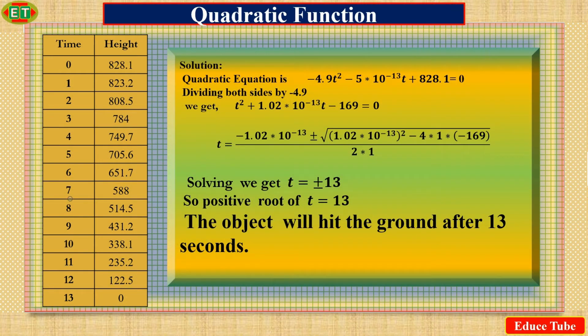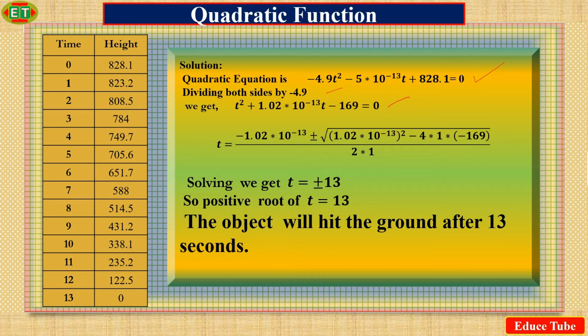Now here we have the table of time and height and we have the equation we already mentioned. This is the equation we got in Excel, and dividing both sides by minus 4.9 we get the equation in this form.